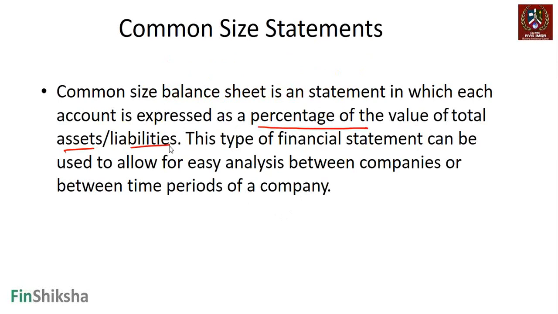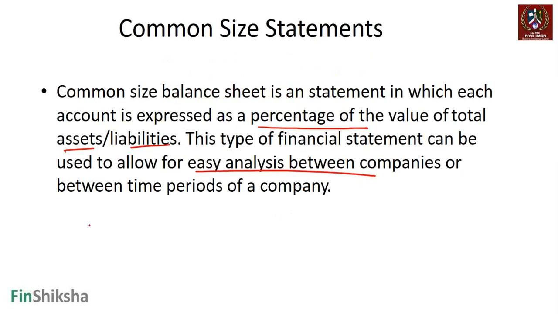So every line item in the balance sheet is expressed as a percentage of either total assets or total liabilities. Now this can allow easy analysis between companies or between time periods for the same company, right? So that becomes an important part.